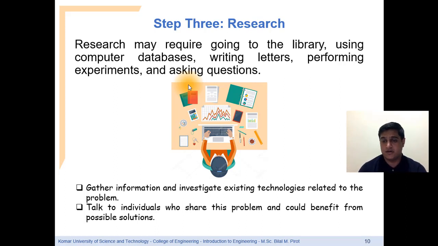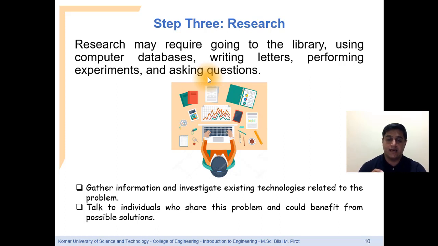So you should search, you should read, you should use different search engines to find the previous works that have been done on this type of problem. Research may require going to the library, using computer databases, writing letters, performing experiments, and asking questions. So especially for engineers, it is very important to have the skill of research.